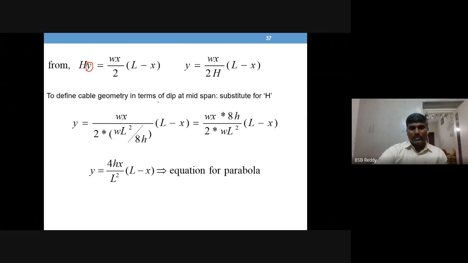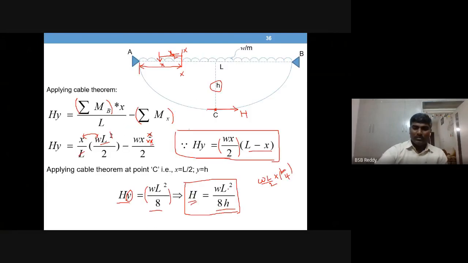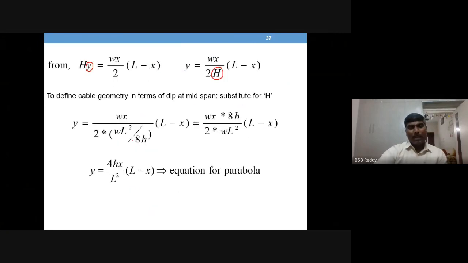Now substitute the value of h. Right. So what is that? Just now we have calculated WL square by 8h. So substitute that. So what you get? 8h goes to numerator, WL square in the denominator.